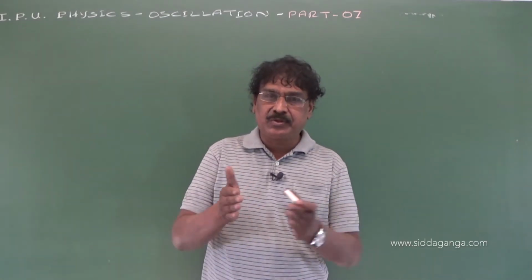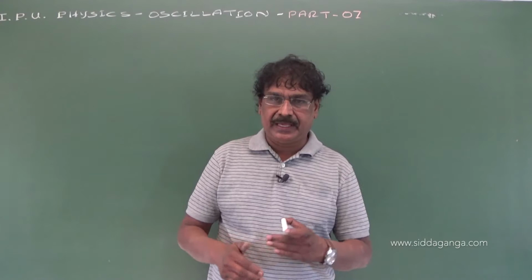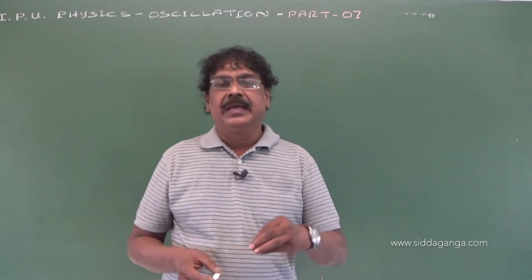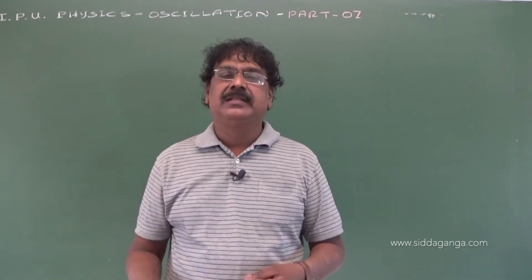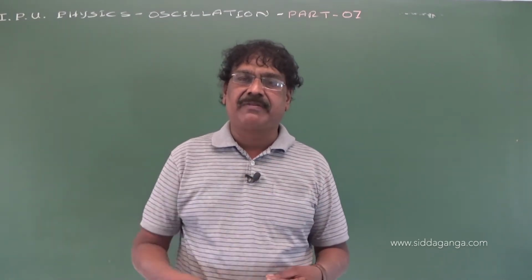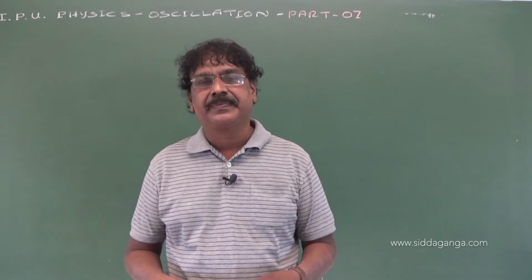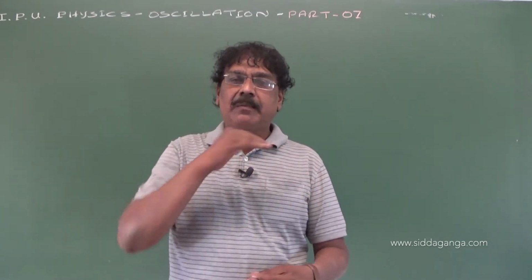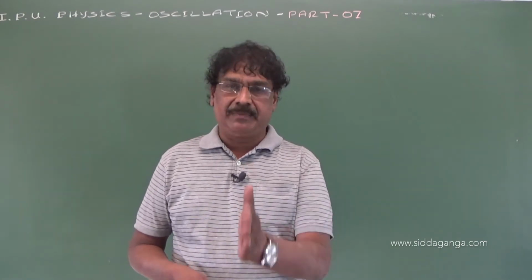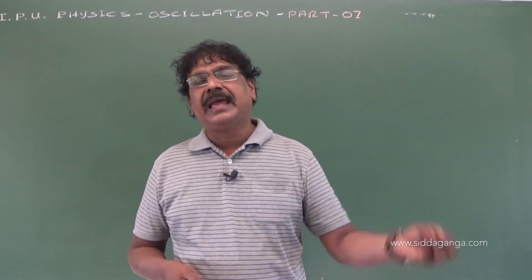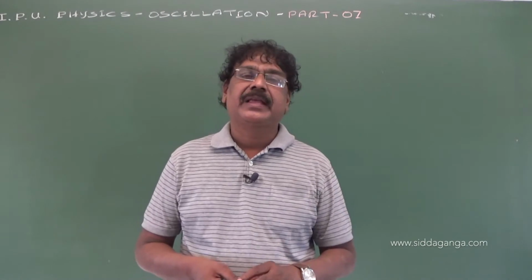When the body comes to its equilibrium position, in some cases, again a force is required. First one, the force which displaces the body from its equilibrium position. Then to come back to its original position, equilibrium position or mean position, again a force is needed.